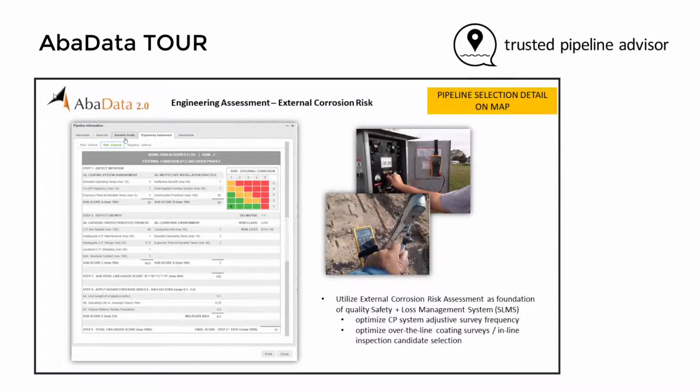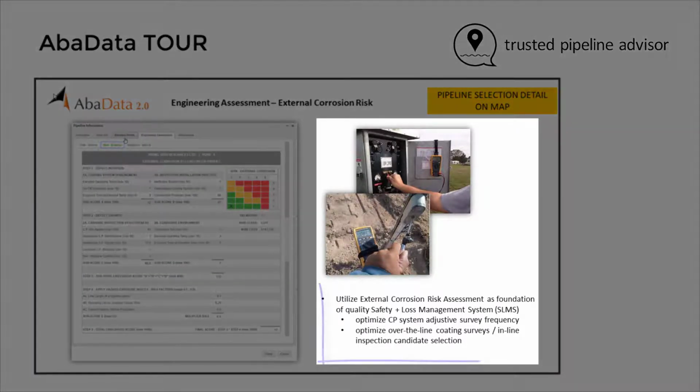The results of the external corrosion hazard assessment can be considered by field operations teams when establishing the appropriate frequency for conducting CP performance surveys and for narrowing the focus for scheduling additional inline inspections and over-the-line coating surveys within a total integrity management strategy, consistent with a formal quality corporate SLMS management program.